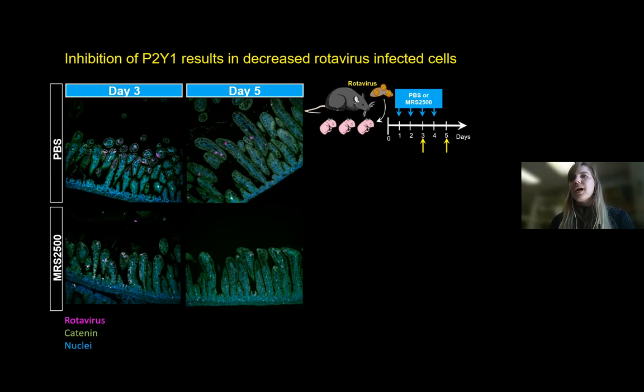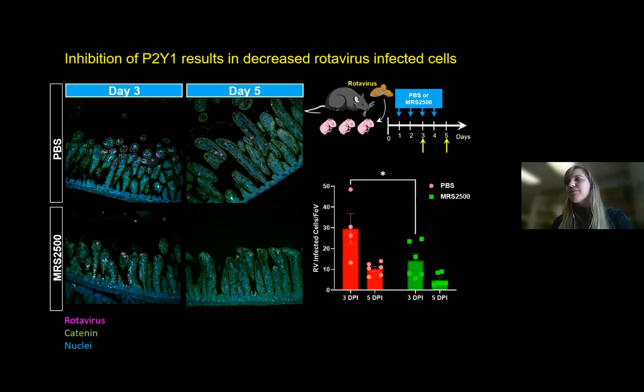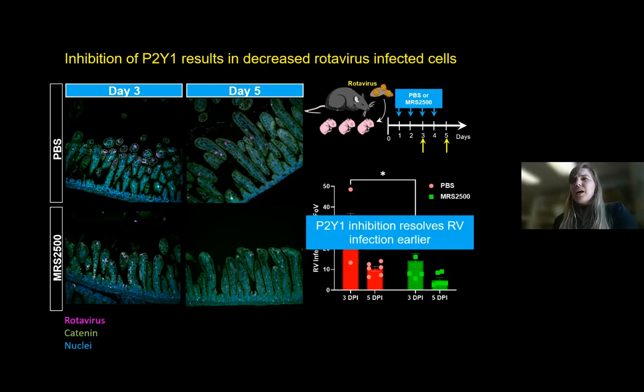However, when we count the number of infected cells within our images, we see that at day 3 post-infection, there's a significant decrease in the number of infected cells within our MRS treated group compared to the PBS. And at least what this is suggesting so far is that this P2Y1 inhibition is resolving a rotavirus infection much earlier than those that are given PBS alone.